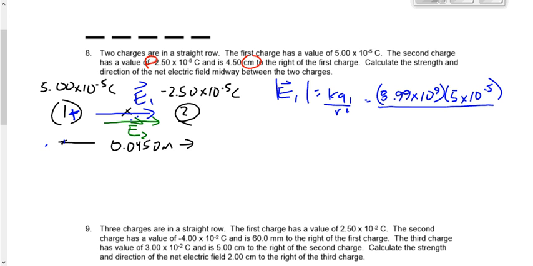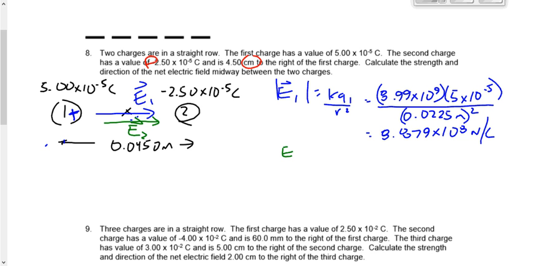So the distance from the blue positive producer number 1 is 0.0225 meters. And of course, we've got to square that. I get 8.879 times 10 to the 8 newtons per coulomb.